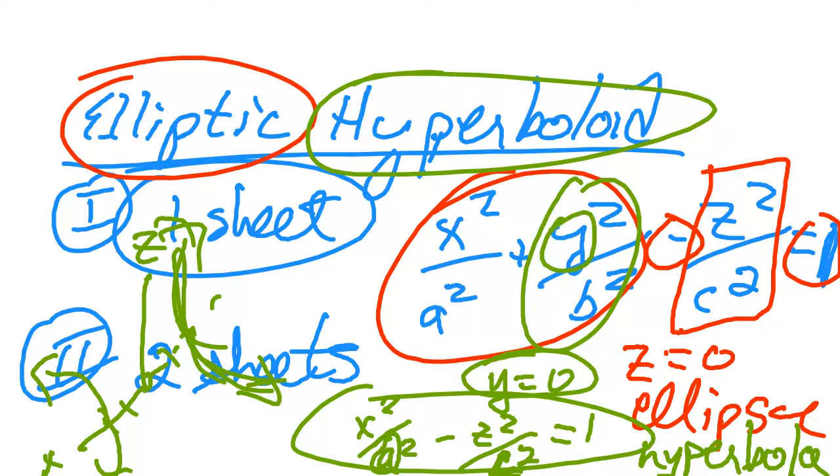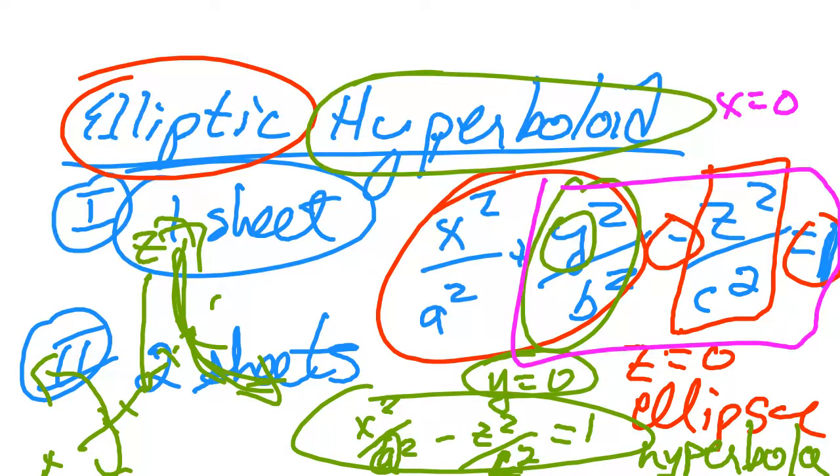So the other one that I can do is, let me change colors here, if I let x equal 0, same deal, then I end up with this. This is also a hyperbola, and now I'm coming out b units.